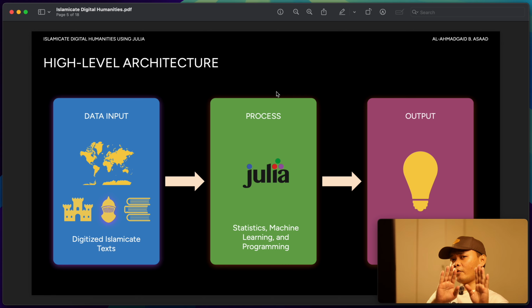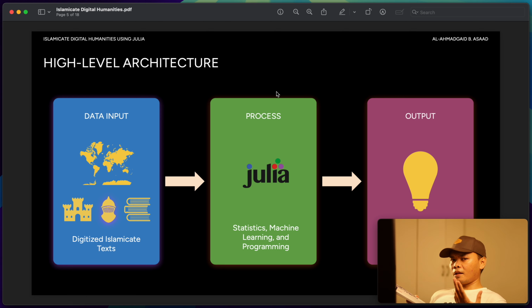If you're going to study Islamic texts without using digital humanities, then our input would be a physical text, which is this one. And then our process of studying this is done manually.